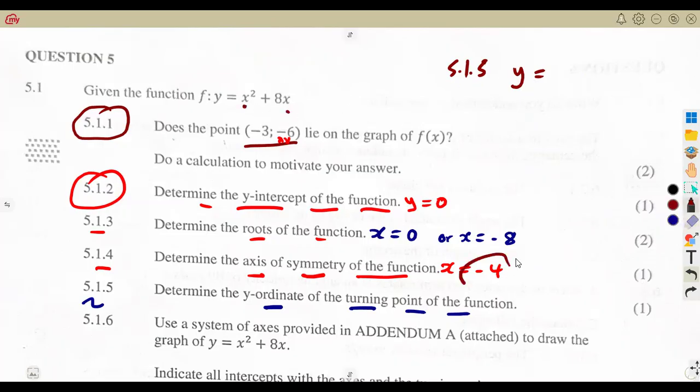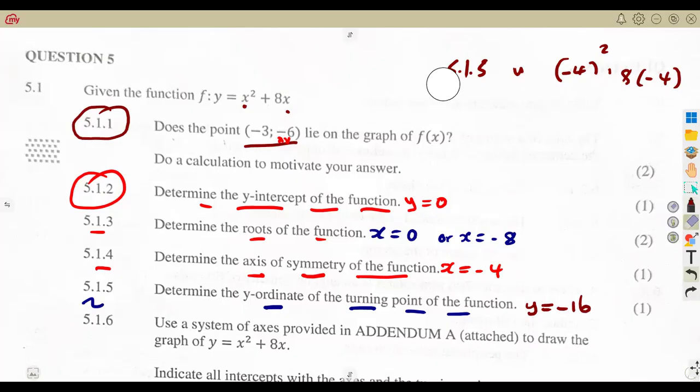But x is -4. So that's (-4) squared plus 8 times -4. That gives us the value of y at the turning point, which is -16. So the y value is -16 at the turning point.